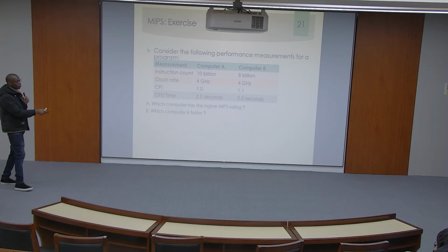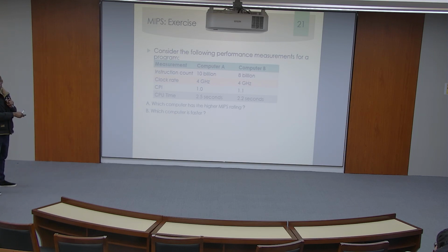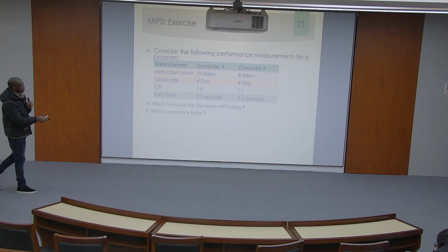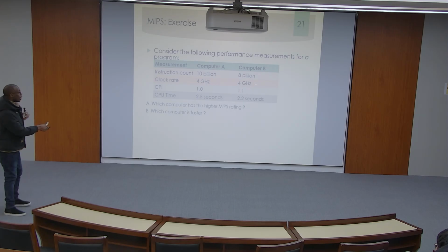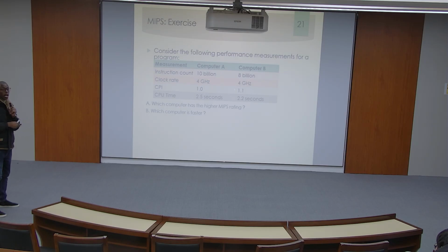That means computer B is faster than computer A because of the CPU time. The CPU time shows you which computer is faster. Thus, computer B is faster than computer A, even though computer A has a higher MIPS rating.